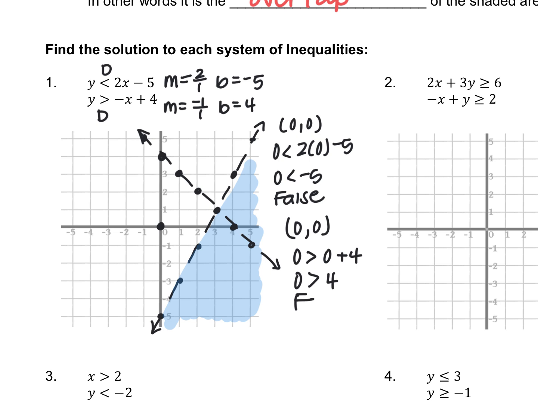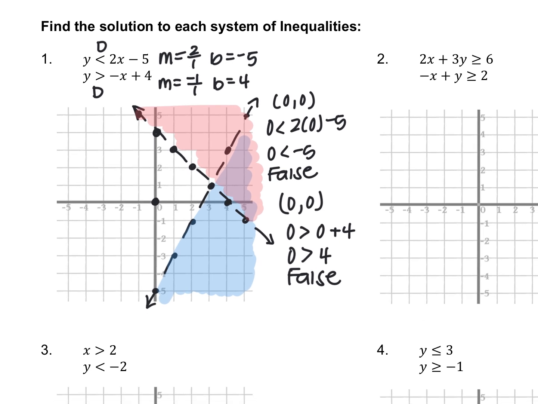False. So this is where we take our other highlighter color and we shade on the other side. Now, where we overlap, over here, is our solution.